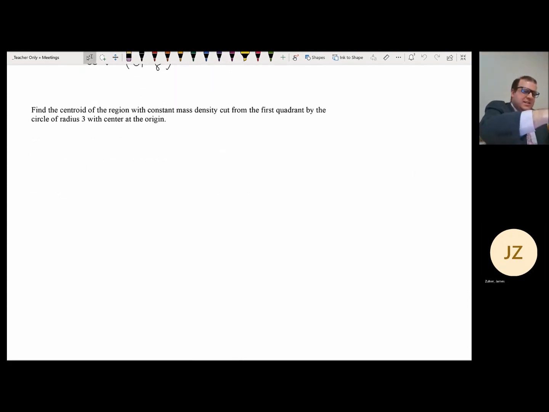Centroid of the region, constant mass density, cut from the first quadrant by the circle of radius 3 centered at the origin. We're told constant mass density, so we can take rho to be 1.